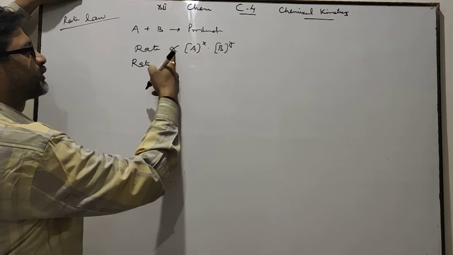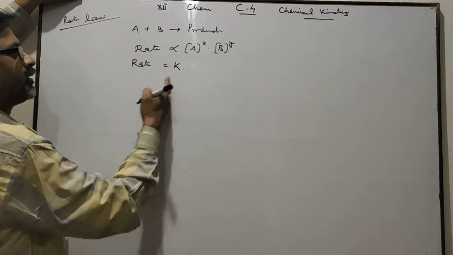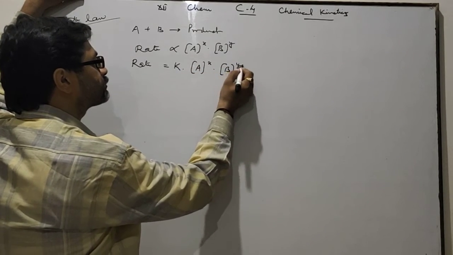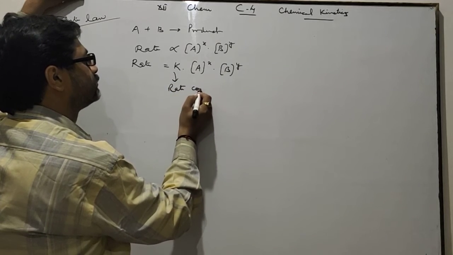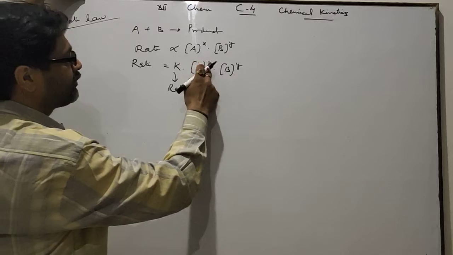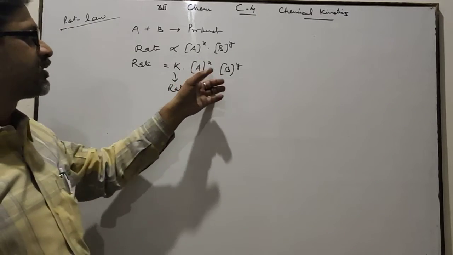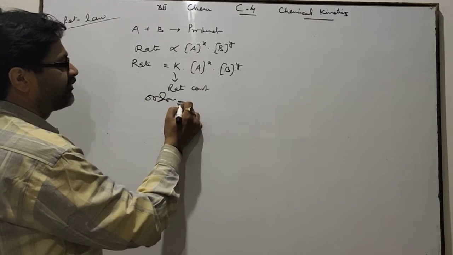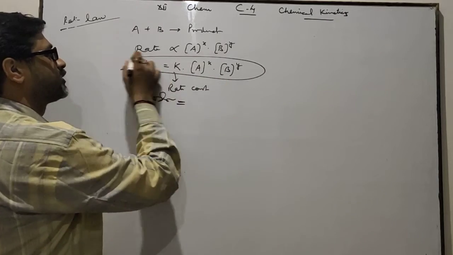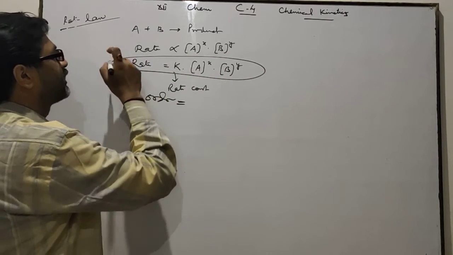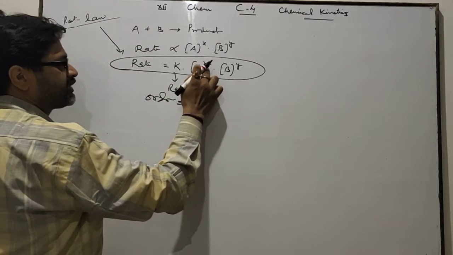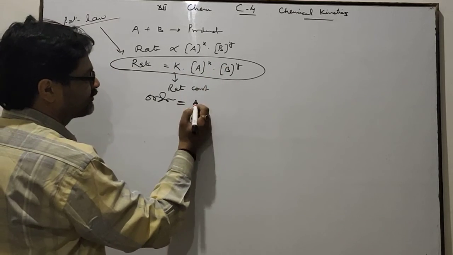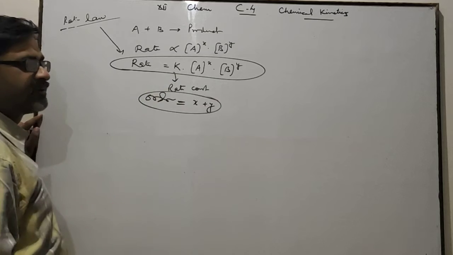By substituting an equal sign for this proportional sign, you know that a constant is added. This constant is known as the rate constant. x and y are the powers on the concentrations on which the rate of reaction depends. For any reaction, we can find the order by seeing the rate law expression. The sum of the powers of the concentrations is called the order of reaction.